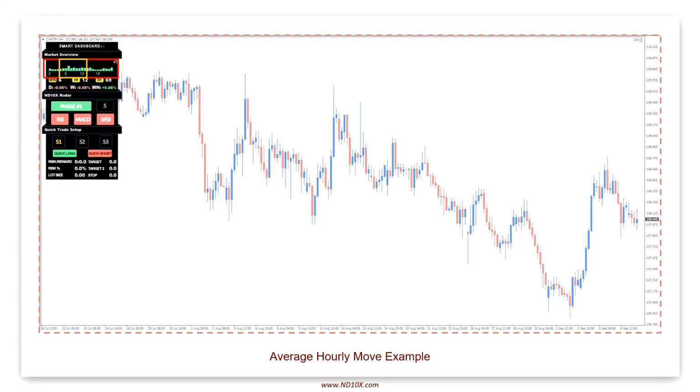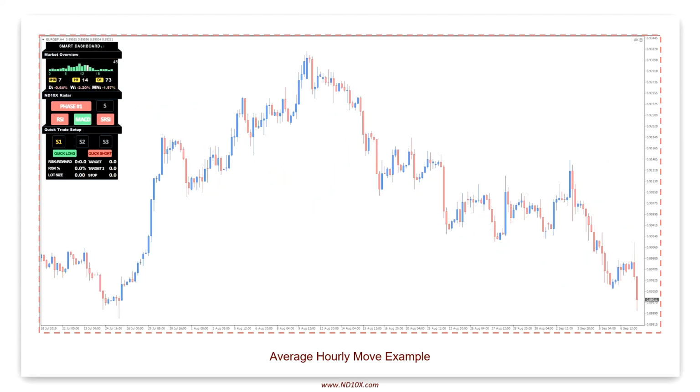So let's say for the Swiss franc yen, we can see the strongest bar between, let's say, 5 to 1 p.m. That would be around the Asia till New York open. So there is no reason why I would trade the Swiss franc yen during the US session, because the strongest move usually happens in the Asia and UK session.